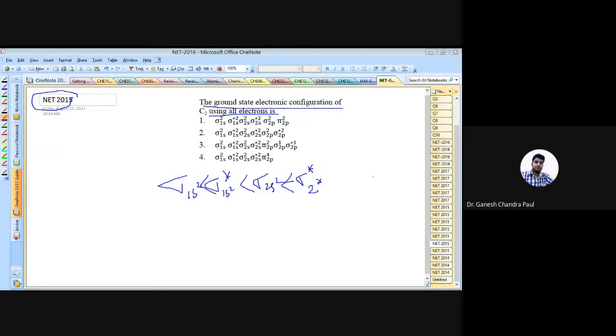Then pi 2px2, pi 2py2, and sigma 2pz2. Since the pi orbitals are fully filled, that's why C2 is diamagnetic in nature, right?